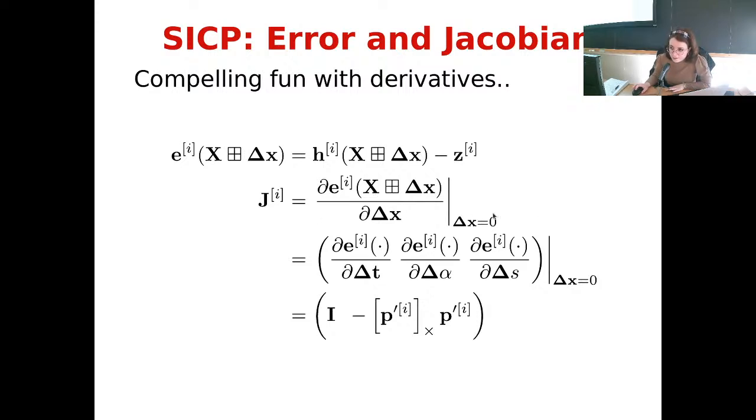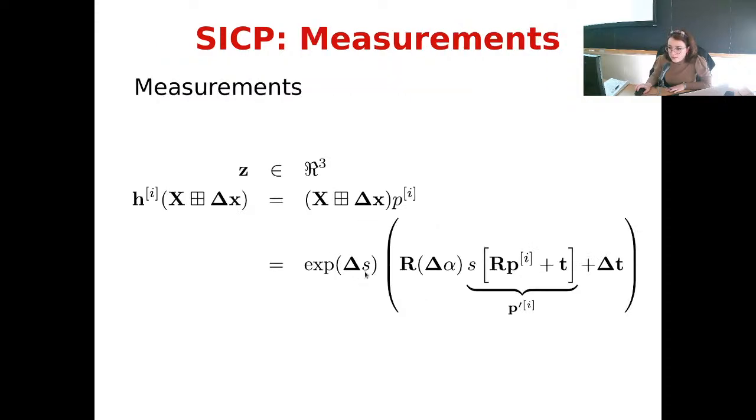Now, if this is clear, then what you can do is split this derivative with respect to delta x into the derivative with respect to delta t, the derivative with respect to delta alpha, and the derivative with respect to delta s. Here we are skipping some passages, but the derivative of the error with respect to delta t is given by the derivative of exp delta s times delta t, because the first term of this sum does not depend on delta t.